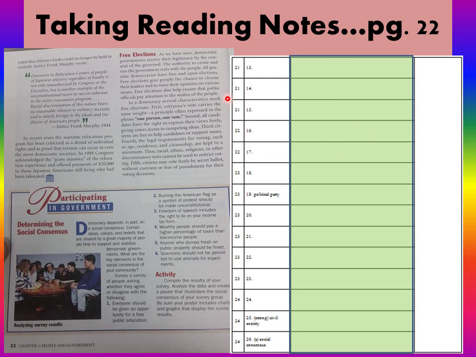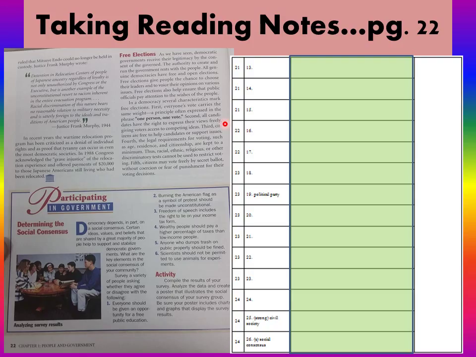In a democracy, several characteristics mark free elections. First, everyone's vote carries the same weight, a principle often expressed in the phrase one person, one vote. Second, all candidates have the right to express their views freely, giving voters access to competing ideas.